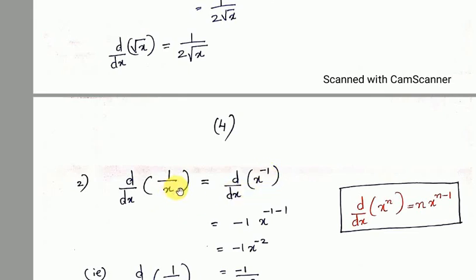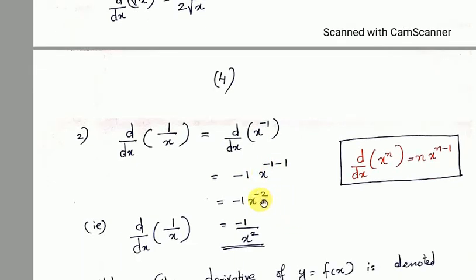Now it is in the form of x raised to n. That is d by dx of x raised to n equal n into x power n minus 1. What is n here? Minus 1. So minus 1 into x power minus 1 minus 1, that is x power minus 2. So that is minus 1 by x square.